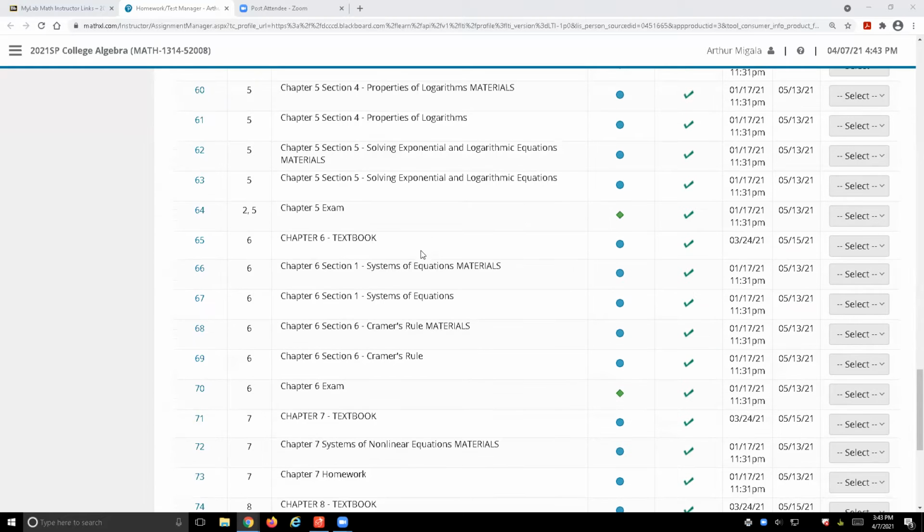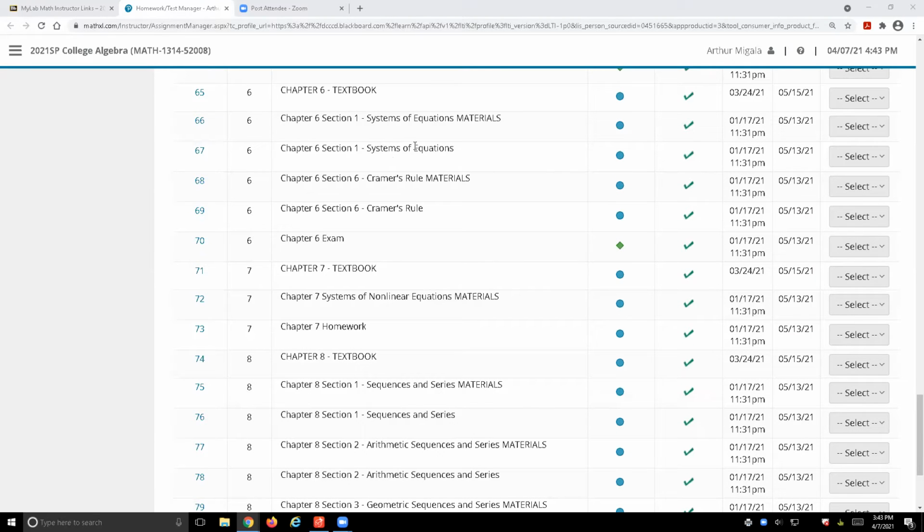Then in chapter 6, we talk about systems of equations. We have more than one equation, and we use Cramer's rule to help us solve those. By systems, do you remember ever hearing of the substitution or the elimination methods? Okay, we'll cover those. Again, it sounds difficult, but it's very straightforward.